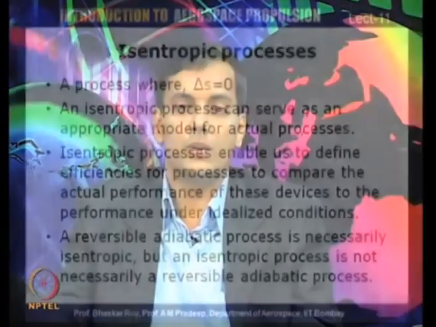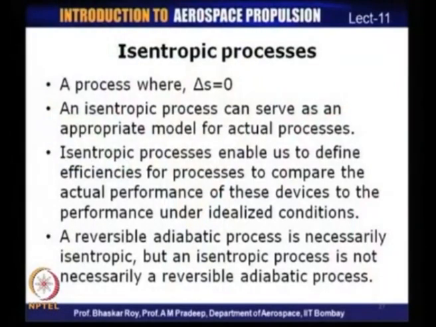This may occur through heat transfer through a finite temperature difference, which makes it an irreversible process. Even though the net entropy change delta S is equal to 0, which means it is an isentropic process, it need not necessarily be reversible and adiabatic. But a reversible and adiabatic process is necessarily an isentropic process.